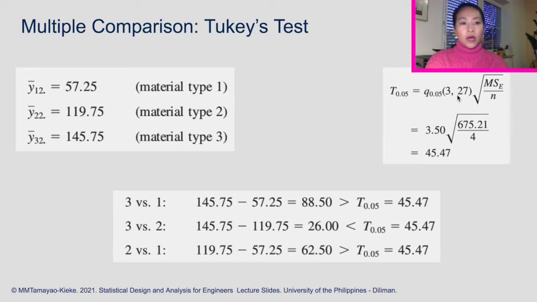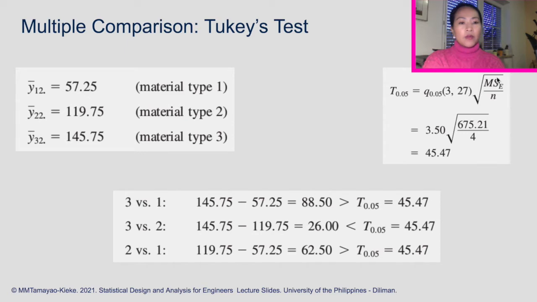Okay, and to get our T parameter, as we mentioned last time, T at 0.05 is equal to q at 0.05 with parameters 3 and 27, multiplied by square root of MSE over n. Okay, and q of 0.05 with parameters 3 and 27 is equal to 3.5.